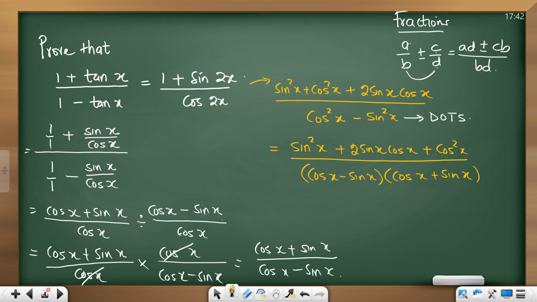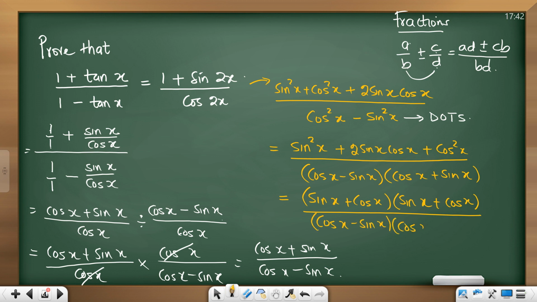Let me show you the trinomial that is here. Please take note. You need to write this top one somewhere. This is the same thing as sine x plus cos x into bracket sine x plus cos x over cos x. I want you to know that. Keep it at the back of your mind.